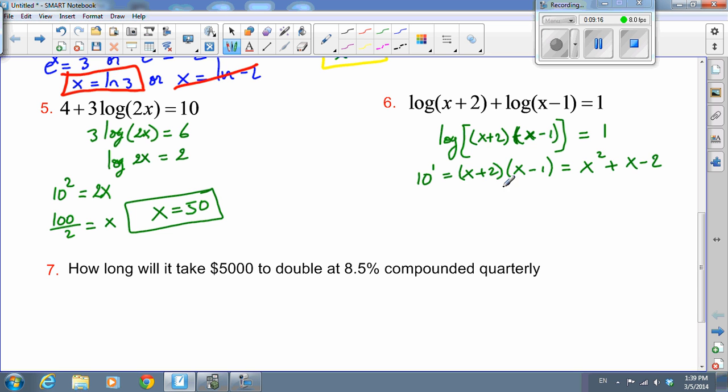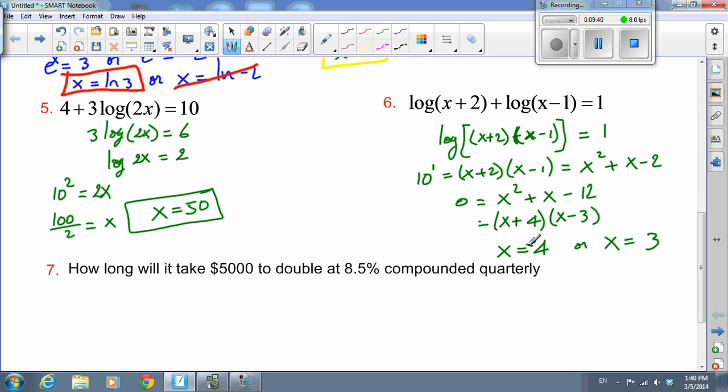So I will subtract the 10 from both sides to get 0 is equal to x squared plus x minus 12. If I factor this, I get (x plus 4)(x minus 3). So the two possible values are x equals negative 4 or x equals 3. Always check your answer.